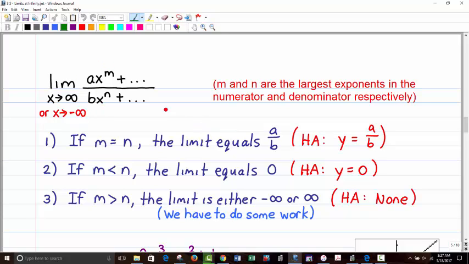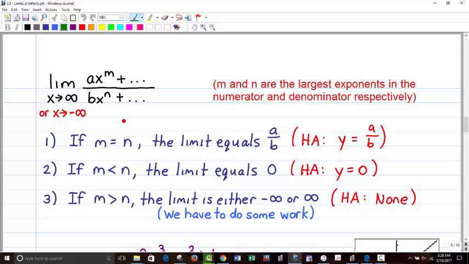All you have to do is look at the largest exponent top and bottom and compare them. Because as you're going to either infinity or negative infinity, only the largest exponents in the top and bottom are going to dominate the entire function as you're going to infinity.